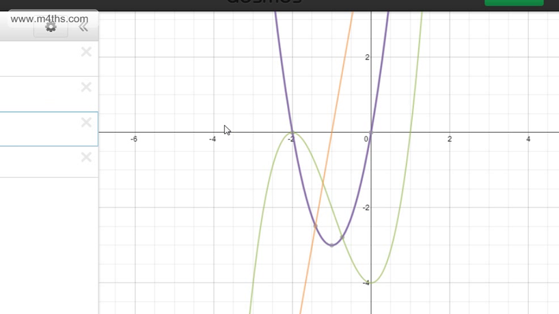Now we can see at this point right here, what we've got now is a minimum point of the gradient function, and we can see that that is going to be positive to the right and negative to the left. This point just here is where d2y by dx squared, or f double dash of x, is equal to 0. So we can see to the right of that point the second derivative is positive, and to the left it's going to be negative.